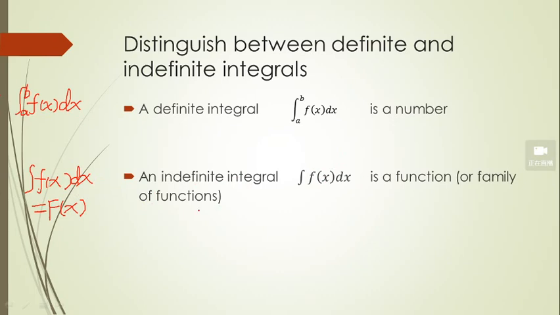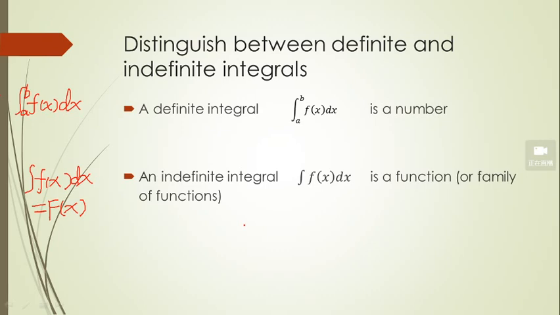Family of functions, which means we add C. It should be the particular antiderivative plus the constant C. The constant part denotes that family of functions, which means you shift the particular antiderivative upward or downward by C units, right?